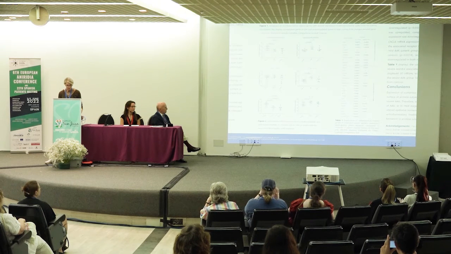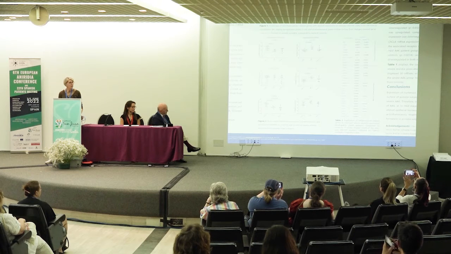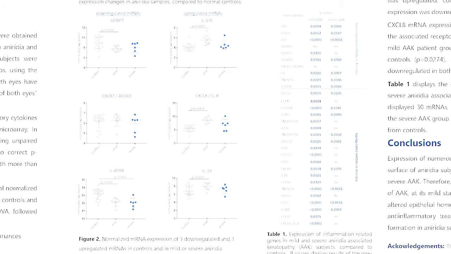We graded the special cytokines into mild and severe forms and tried to find out whether there is a difference in expression compared to controls. On this side we have some of the downregulated genes, and on this side some of the upregulated genes.